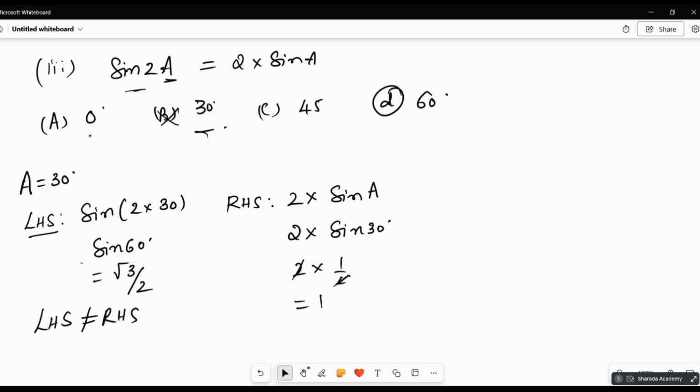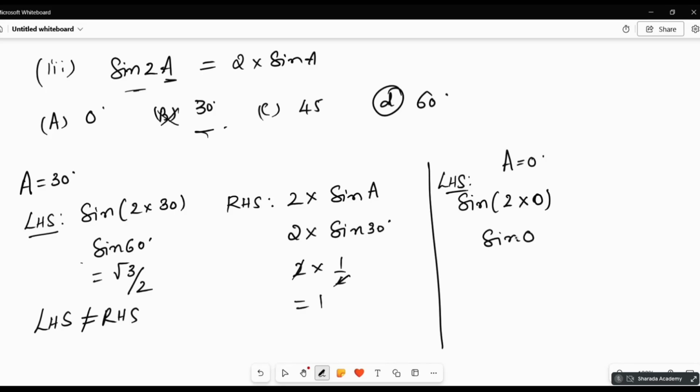Try with 0 degree now. A is equal to 0 degree. So sine of 2 into 0 degree, LHS. So what you will get? Sine 0. Sine 0 is 0. Now, what about the RHS? Put A is equal to 0 degree. 2 into sine A. That is 2 into sine of 0 degree.